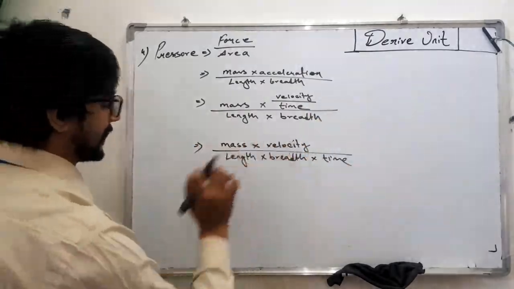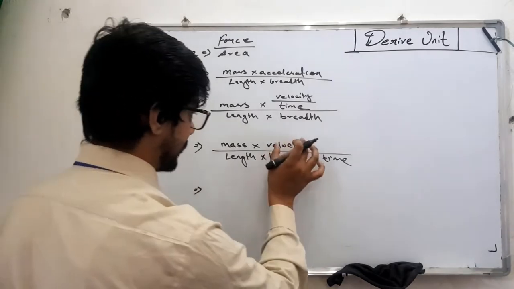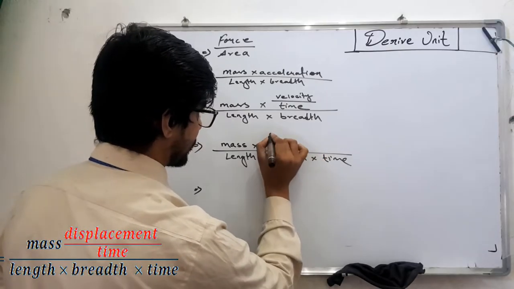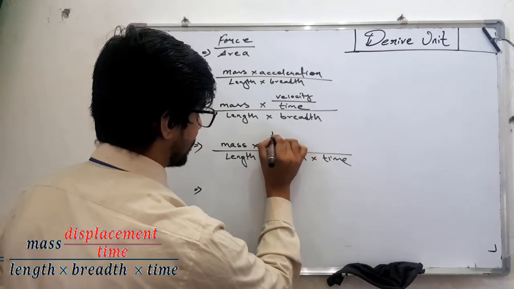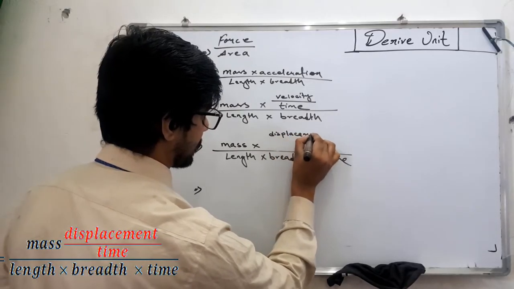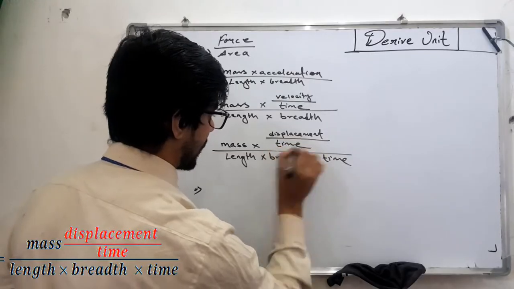See here, velocity is still not a fundamental quantity, it means we need to change velocity. I am directly changing it here. So I can write velocity as displacement by time taken.